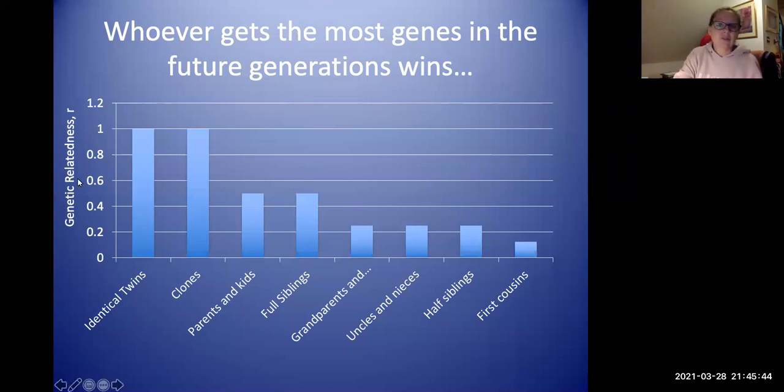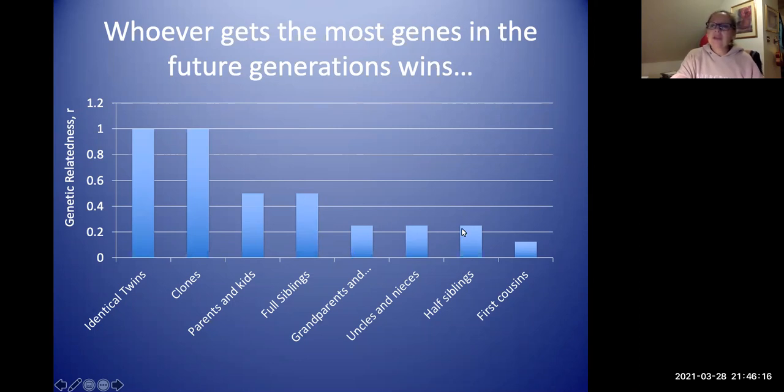And if you look on this graph, parents and kids are exactly at 0.5, and full siblings are at 0.5 on average. Now I didn't put error bars in here to show exactly 50% related, plus or minus 0, which is what you would see for parents and kids, versus full siblings, which would be an average of 0.5 or 50% with a wide margin of error.